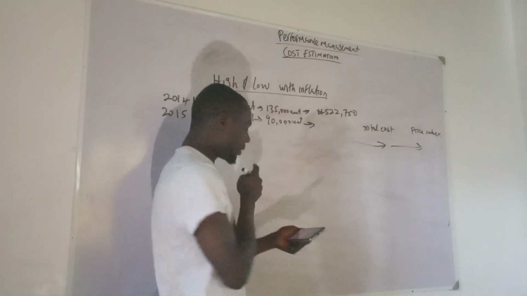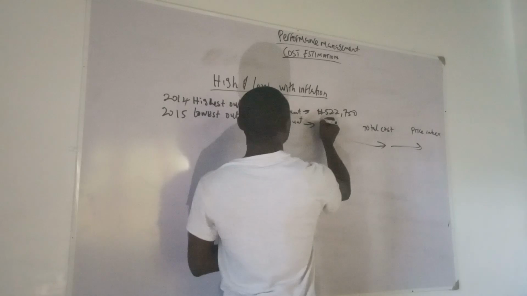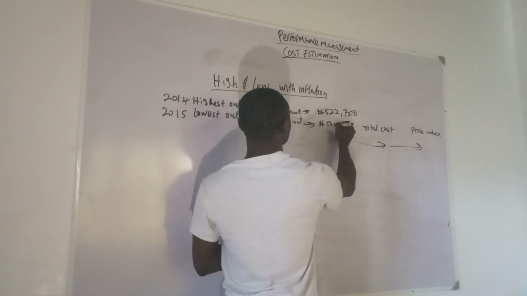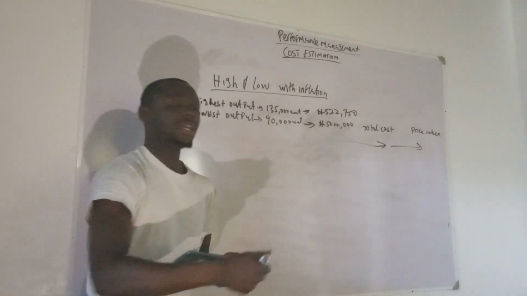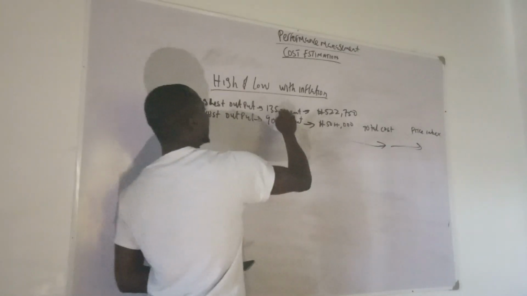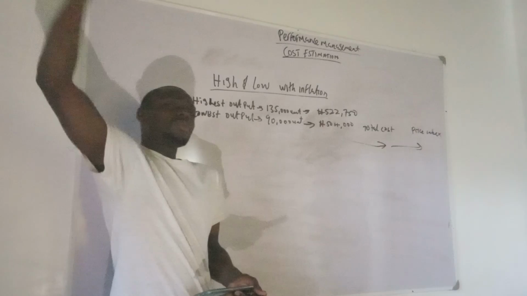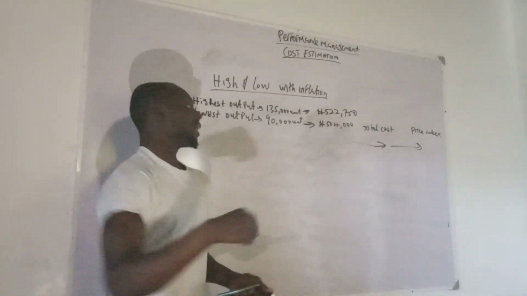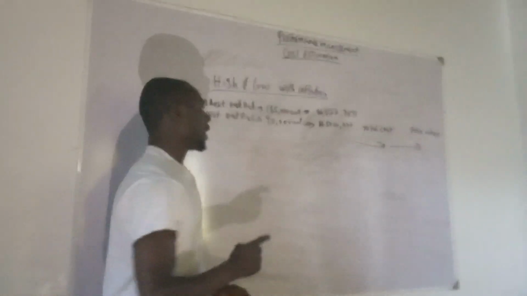What is the cost under the lower output? 504. Which means that we need to adjust this for inflation. In the future, when you want to produce the same thing, it will not be 522,750 again. Why? Because you need to add inflation. That is why we are given the price index. Class, are we still together?